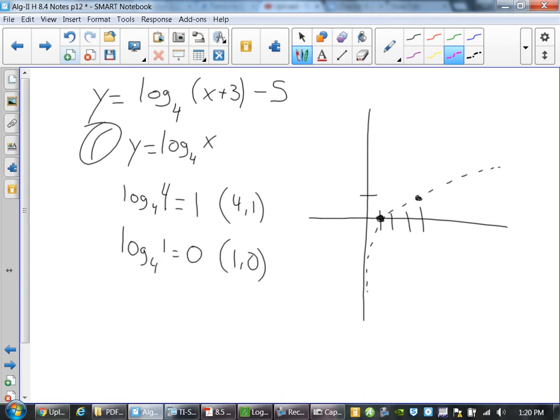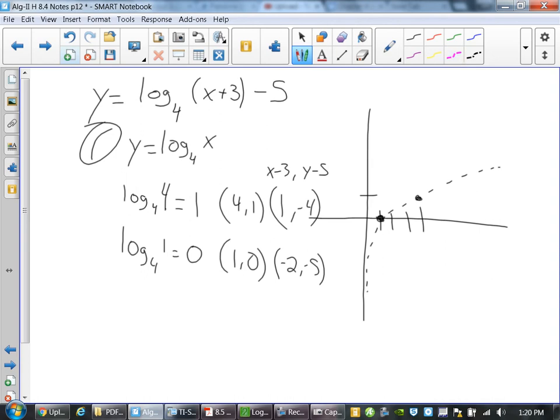To this, I have to shift them all. The shift is going to be, now my h value is what? -3. So it'll be x minus 3 and y minus 5 for my new set of ordered pairs. 4 minus 3 is 1 and -4. And this will be at -2 and -5.